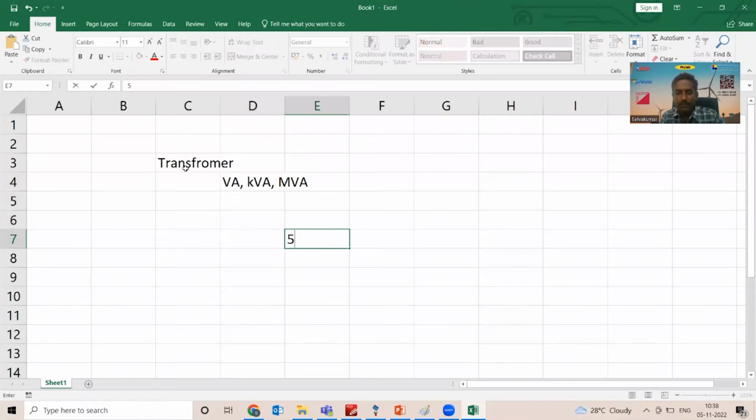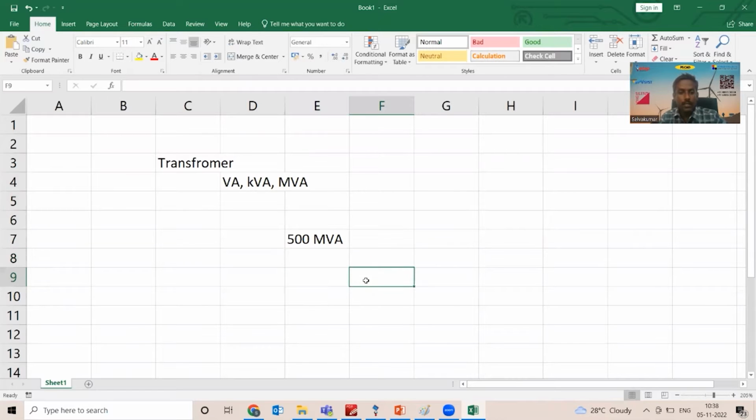Literally, we have taken a 500 MVA transformer, maybe a 400/220 kV ICT, an interconnecting transformer. And we are asking what's the maximum P value this transformer can allow to flow through, what's the reactive power. There is no independent real power constraint. This can be any number.